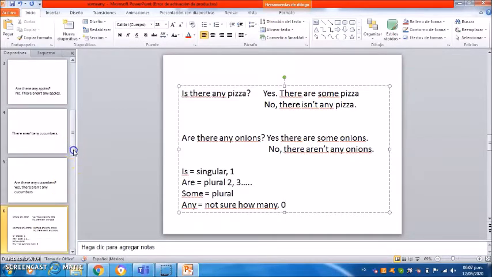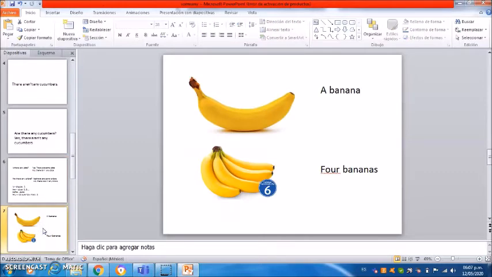Okay, so let's check in this one. For example, is there any banana? Yes, there is a banana, or there is 1 banana. Are there any bananas? Yes, there are some bananas because I have 4 bananas.